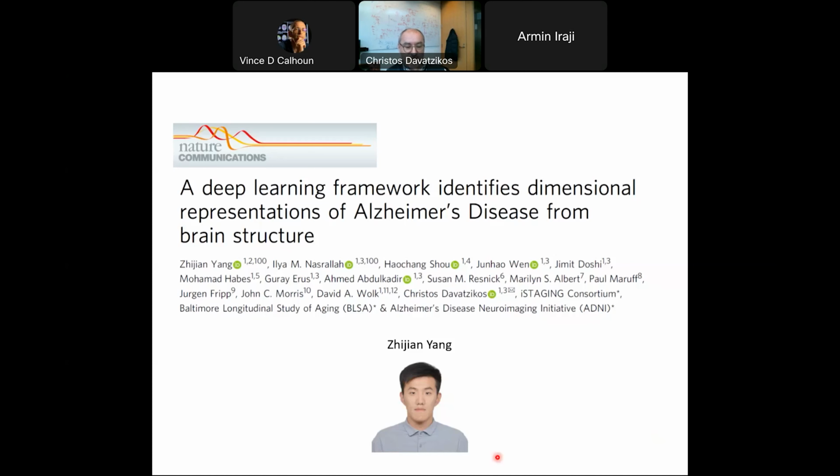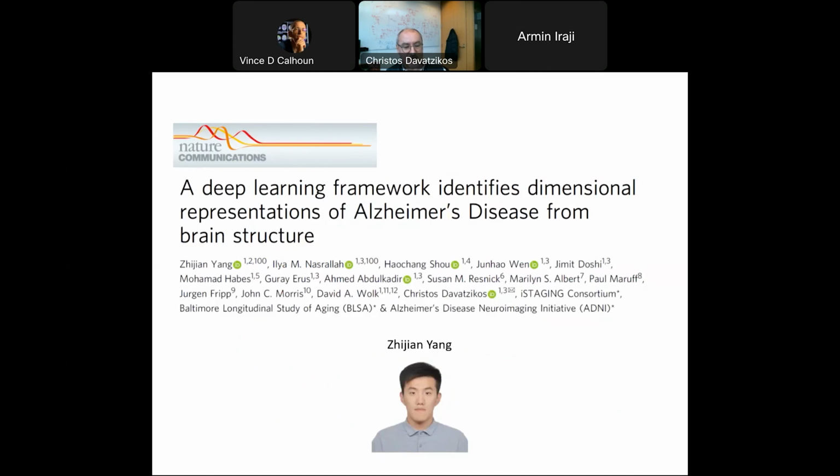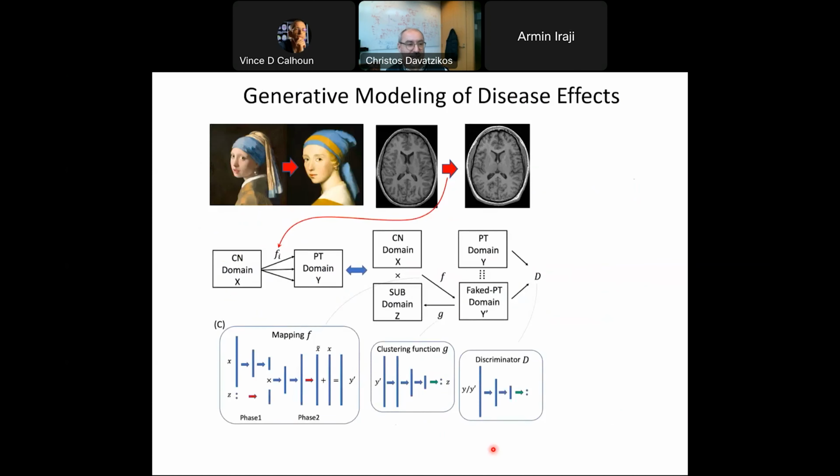So to address this, we built a weakly supervised learning method using deep learning generative models. That was a paper in Nature Communications a couple of years ago that Zizang, one of my applied math students, developed. And really the idea here is very simple. It's pretty much what people have been doing in computer vision for some time now with generative models.